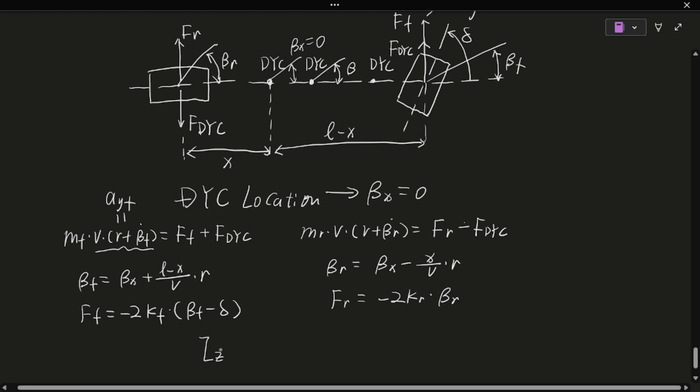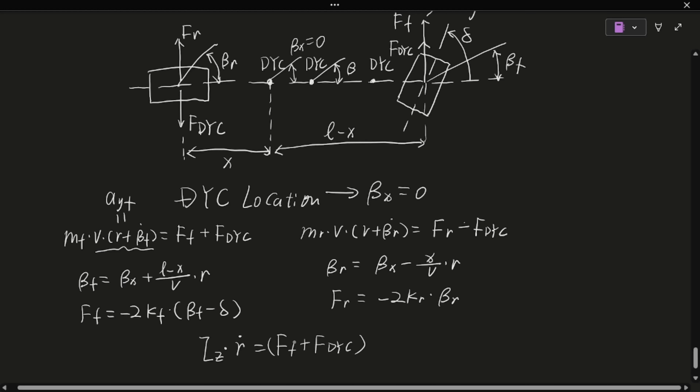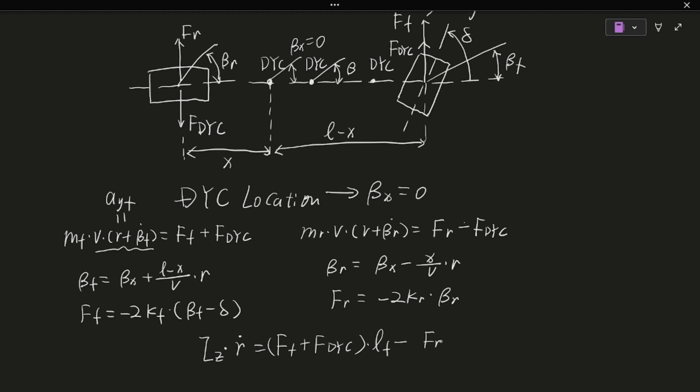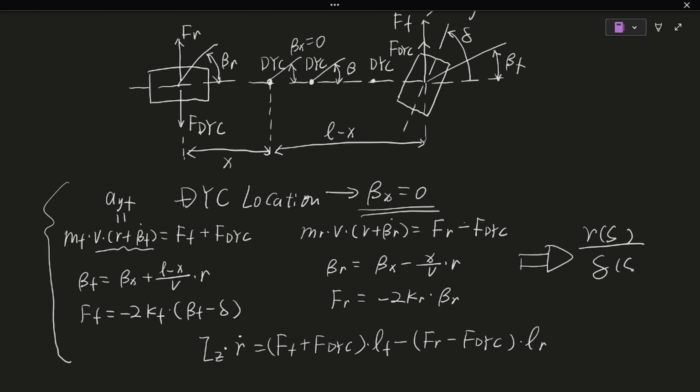Iz times r dot, where Iz is yaw inertia, equals (Ff plus Fdyc) times lf minus (Fr minus Fdyc) times lr. Combine these equations, including beta x equals 0. We can use AI to generate the yaw rate gain Bode plot.